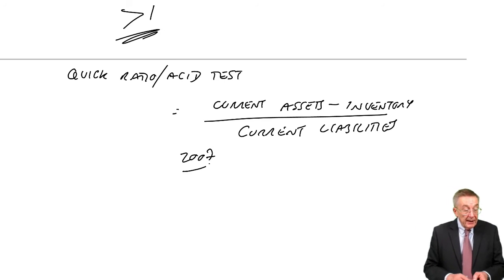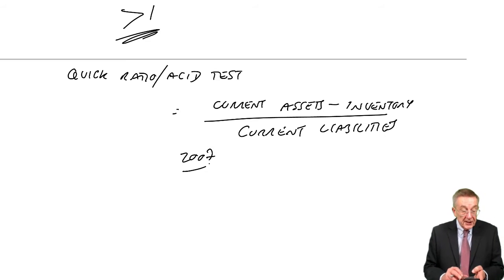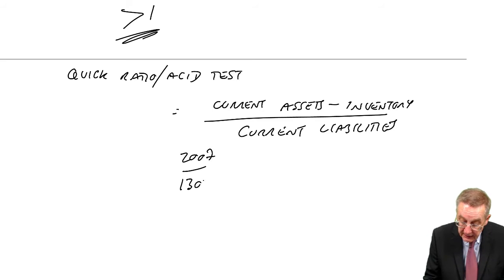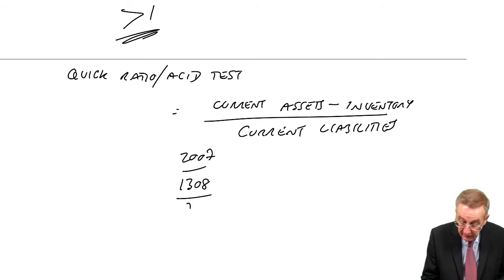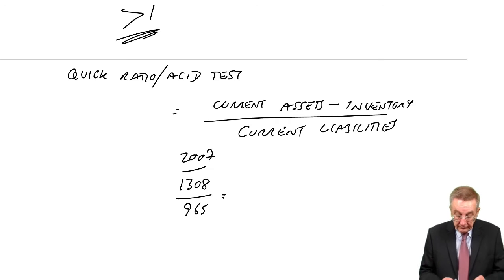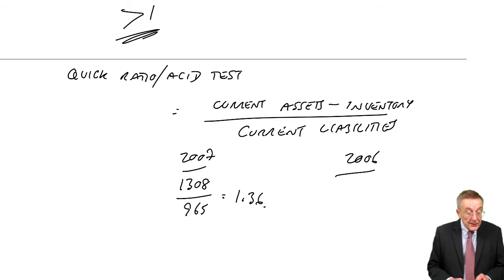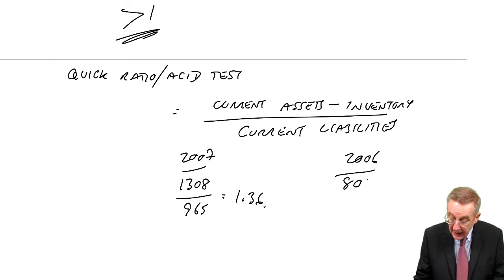So what was it in 2007? The total is 2314, but if we take out the inventory, it's 1308 over current liabilities 965. 1.36. In 2006, 1679, but take out the inventories of 871, leaves us with 808.